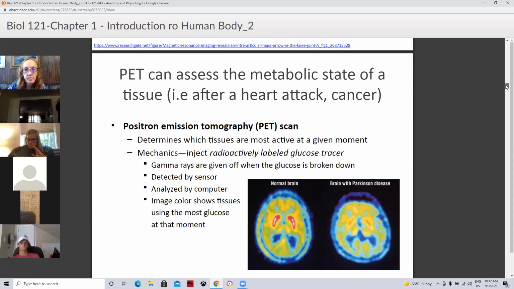A PET scan, or positron emission tomography scan, can be used to assess the metabolic state of a tissue, for example after a heart attack or with a cancer. What this does is we introduce a radioactively labeled glucose tracer, and we measure the amount of radiation that is being emitted as that radioactively labeled glucose is being broken down.